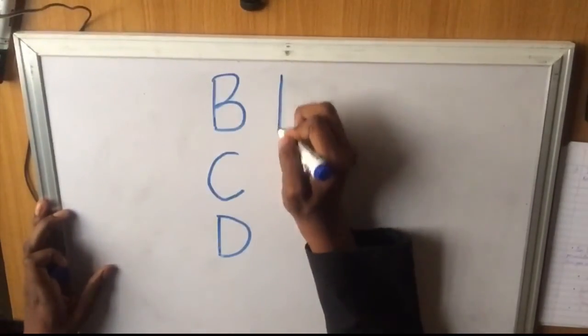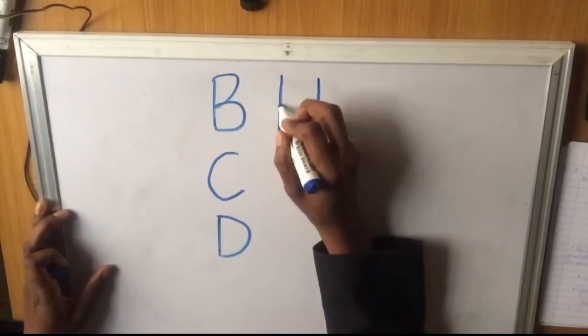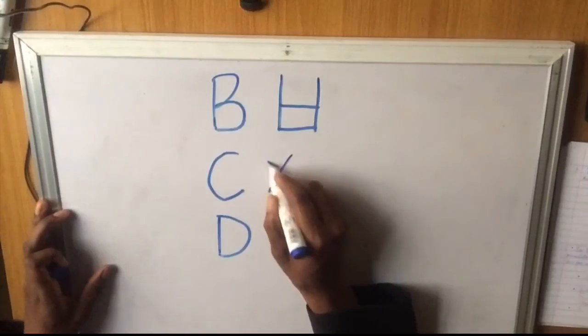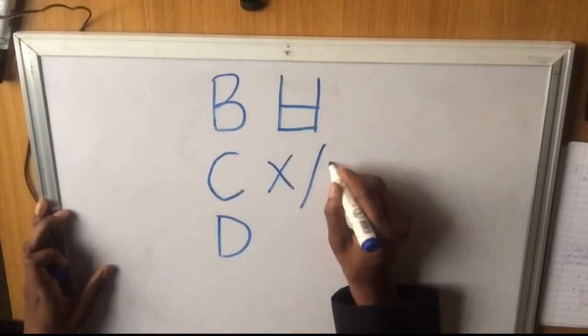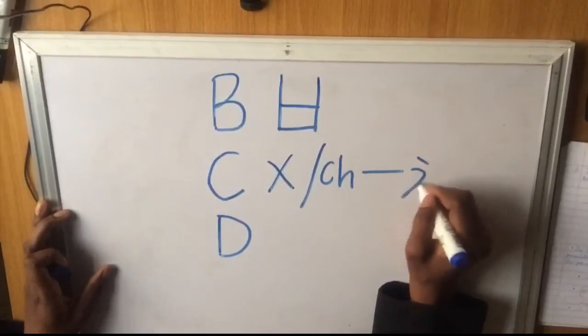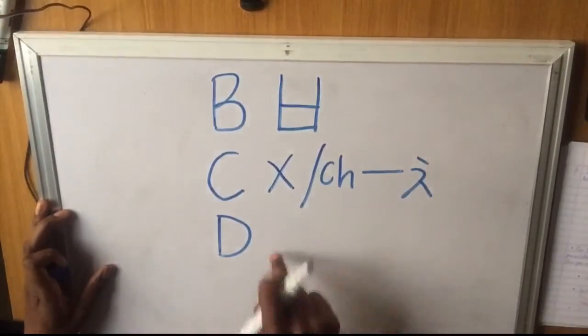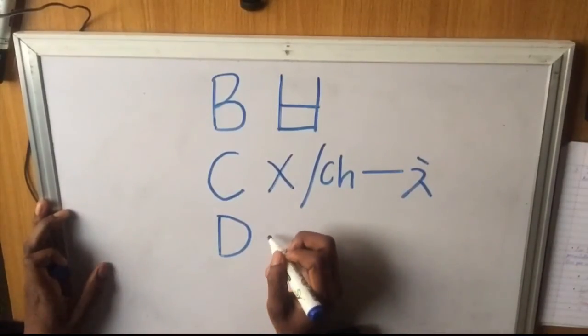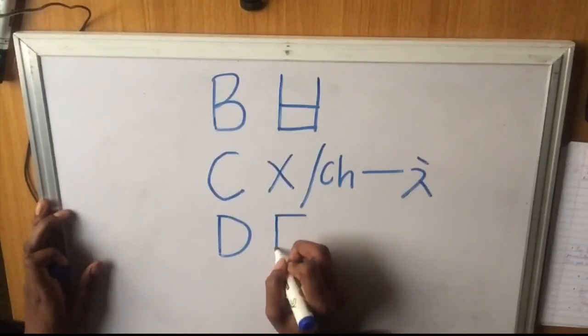So we have done B, so you wrote this beside B. We have done C, there is no C, but we have ch sound, which looks like this. Now we did D, so you go to your paper and beside D, you do like this.